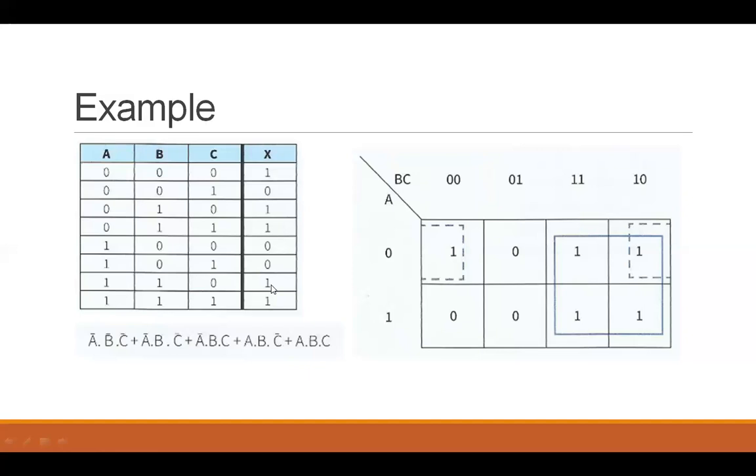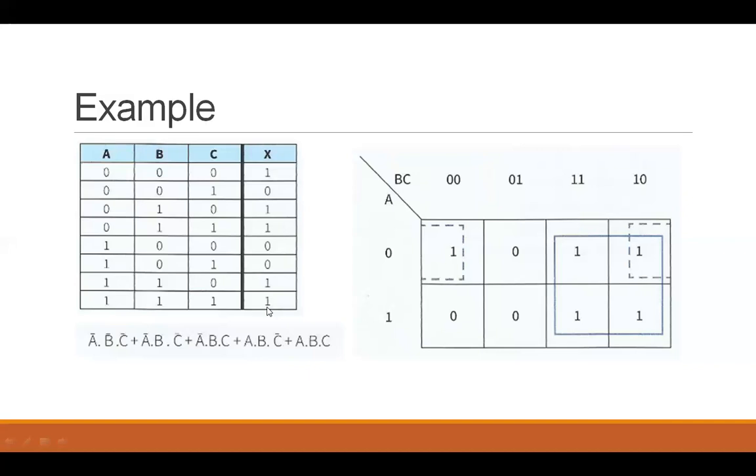Then we have this second last one, which is 1, 1, 0, means it's A, B, C inverse. So this is the A row and I have to look for B, C inverse, which is 1, 1, 0. That is going to be this cell on the right in the lower row.